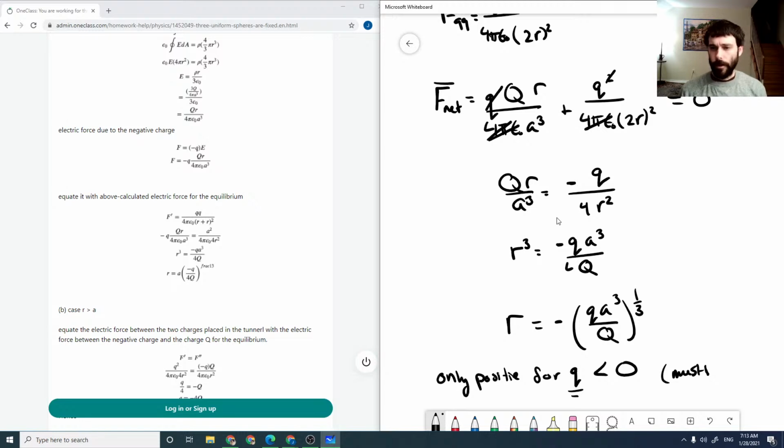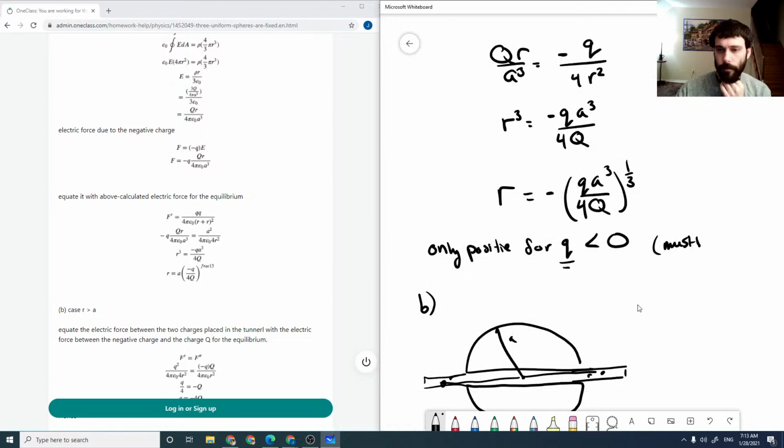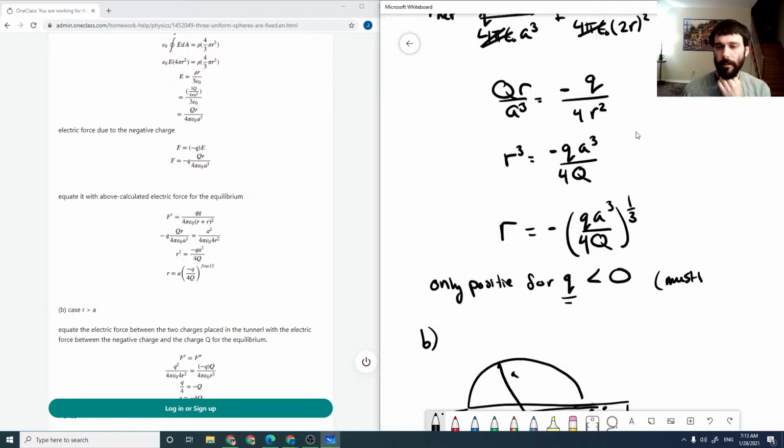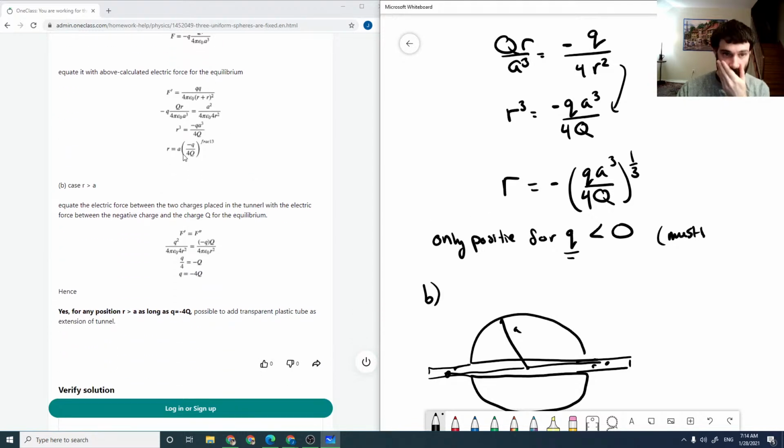So there should be a 4 here and a 4 here. So I dropped the 4 right at this point here. So yeah, it should be QA cubed over 4Q. So that looks good. So this would be minus Q over 4Q to the 1/3 times A. So that's doable.